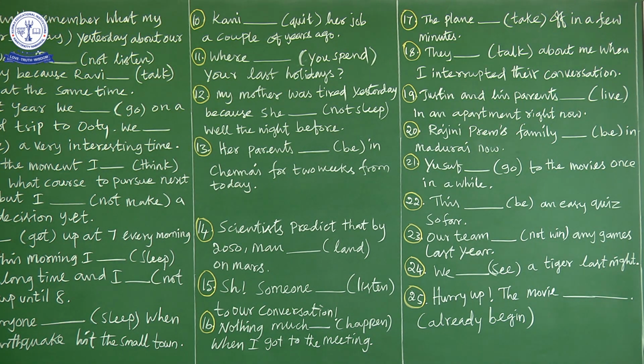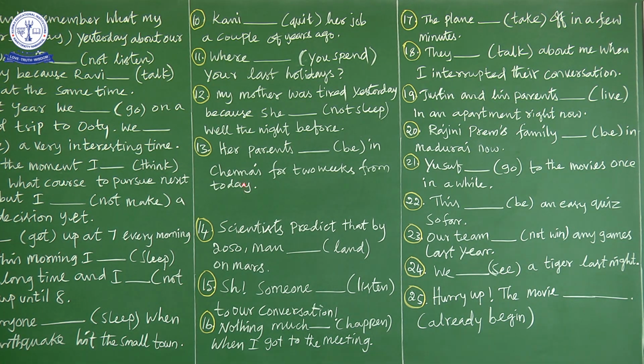Okay. Now let's move on to the 13th one. Her parents dash be in Chennai for 2 weeks from today. So here the B in the bracket, the B refers to what? The B refers to be form. Okay. So now here, 2 weeks from today. This 2 weeks from today refers to which tense?